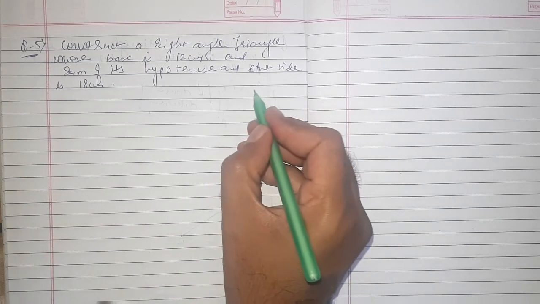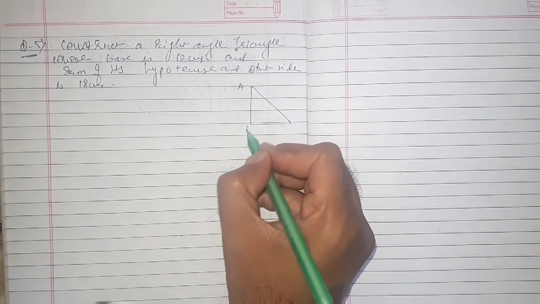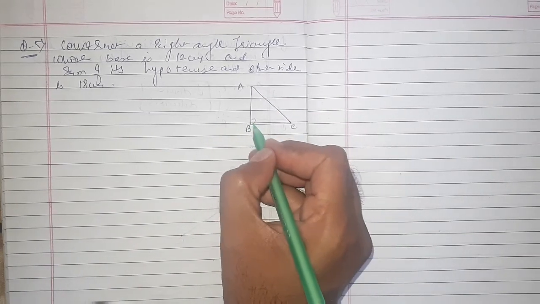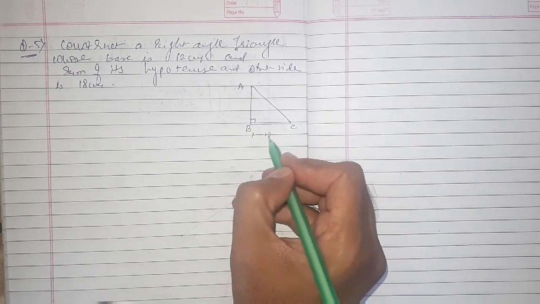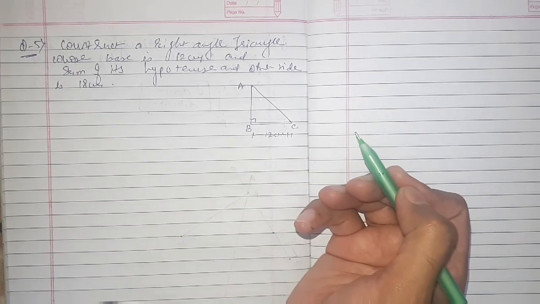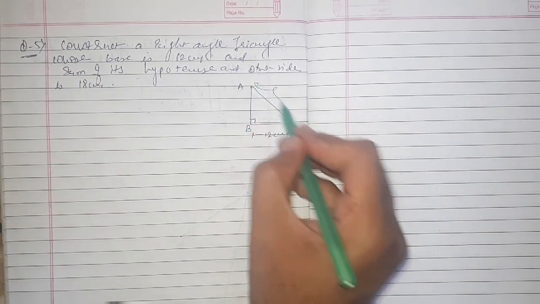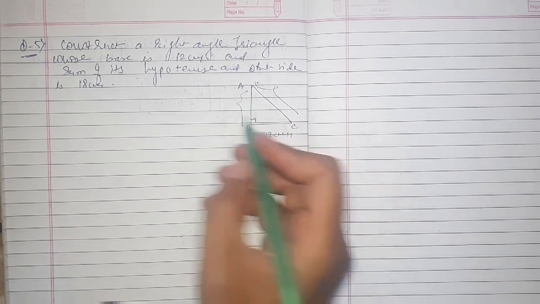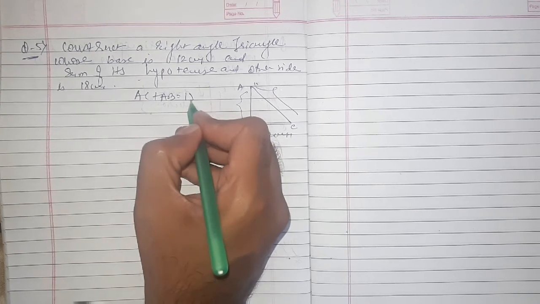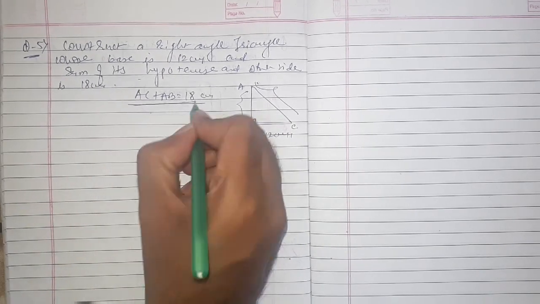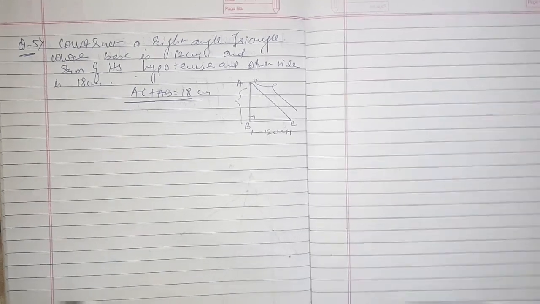Here we have to construct first of all a rough diagram. It says that ABC is a right angle triangle, right angle at B. Its base, that is BC, is 12 centimeter. Now it says that the sum of its hypotenuse, that is AC, and other side AB, that is AC plus AB, the sum of the two sides, is 18 centimeter. So here the type of question is the sum of two sides.